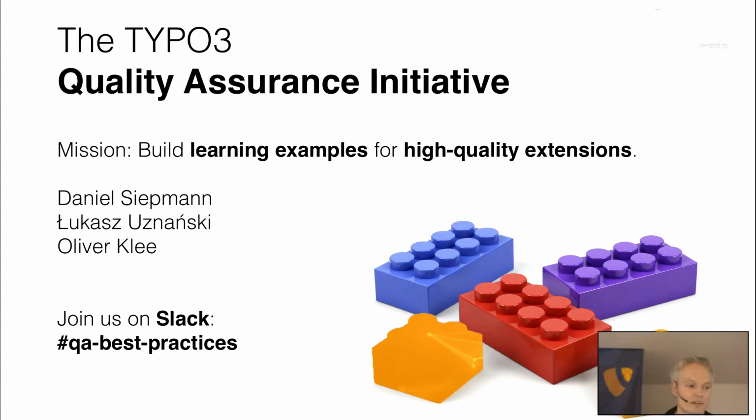The team consists of Daniel, of Lukas, and of myself. And you can join us at Slack at the channel QA Best Practices anytime. We have a conference call every 2 weeks, and just hang out at the chat and see whether you'd like to work with us.